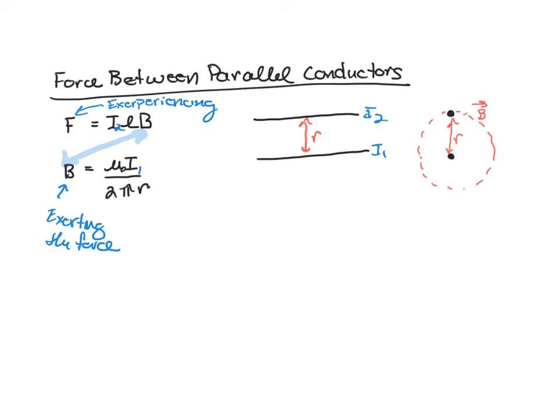So subbing those two equations together, we get that the force per unit length, this is traditionally how this equation is written, so force per length, is equal to our magnetic constant times our two currents divided by 2 pi r.